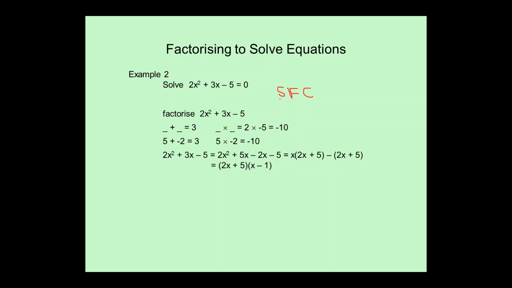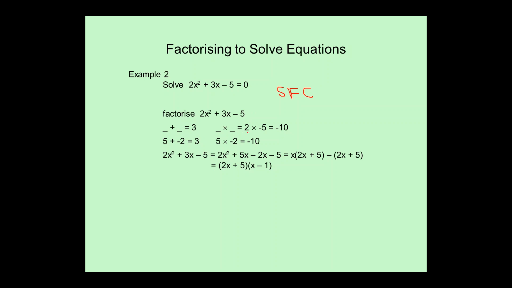The first thing, the split, is that we are going to split this middle term into the 2 things that add together. So we first need to identify the middle term, which is 3. We need 2 numbers which add together to make 3. But because of the way that brackets work when you expand them, what we need to multiply together is not just the minus 5, because we end up with 2 times that minus 5.